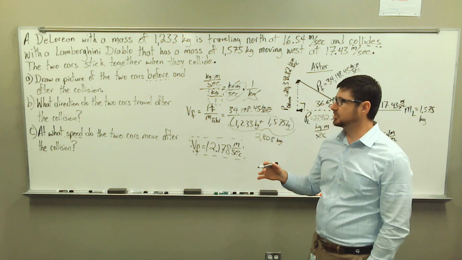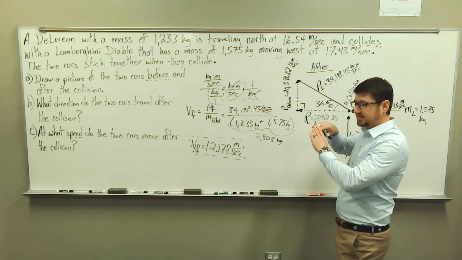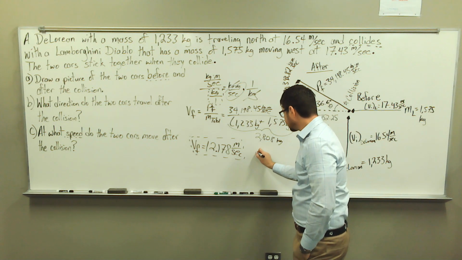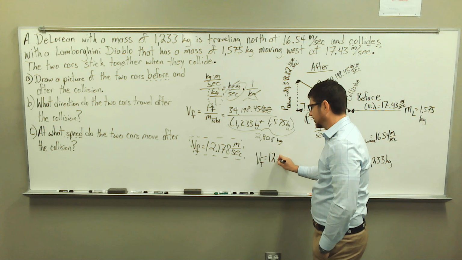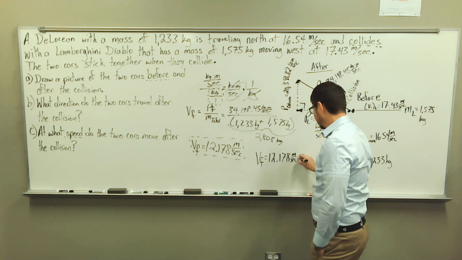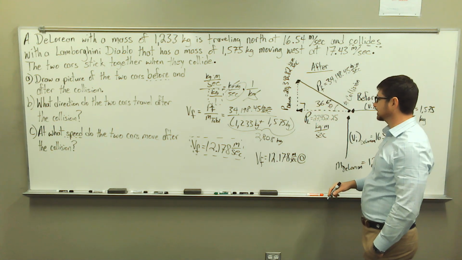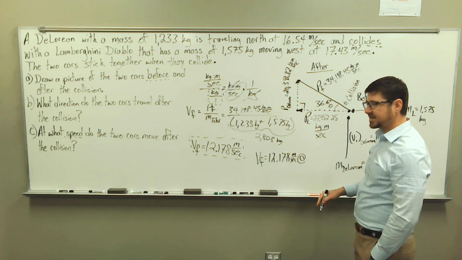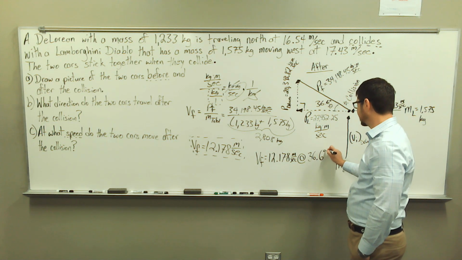So if we were going to describe the velocity of the two cars that collide and stick together as they're sliding, we would say the final velocity is equal to 12.178 meters per second at, and we need to identify the angle. We've already calculated this. Here we go, 36.6 degrees. So our final velocity is 12.178 meters per second at 36.6 degrees.